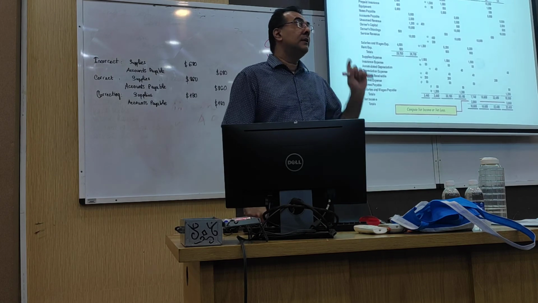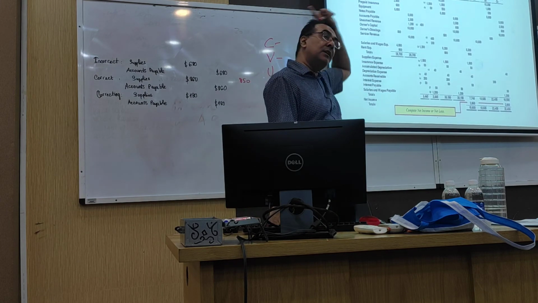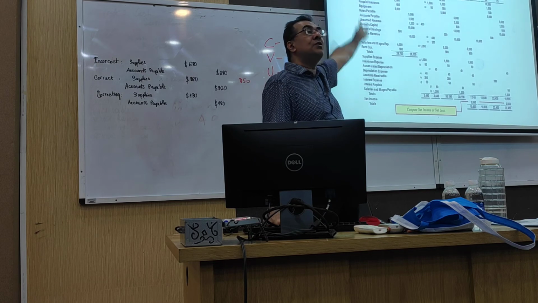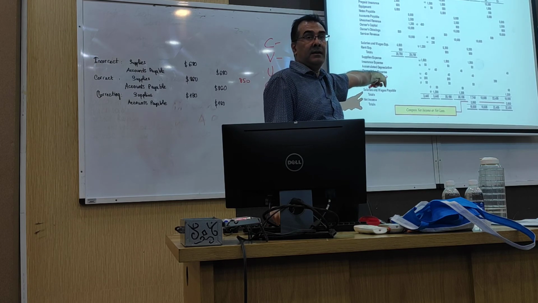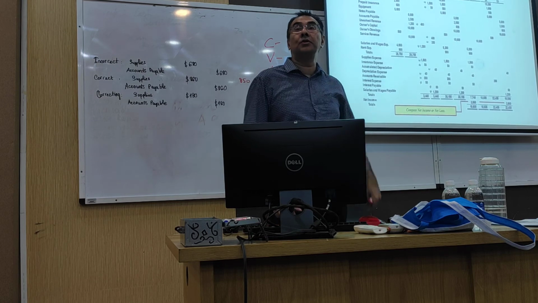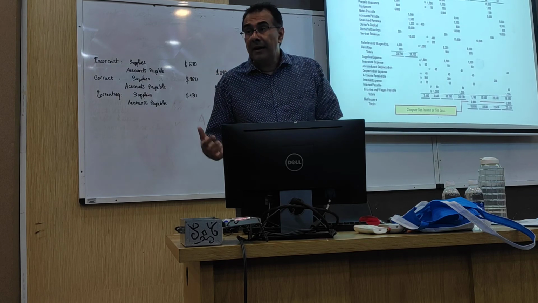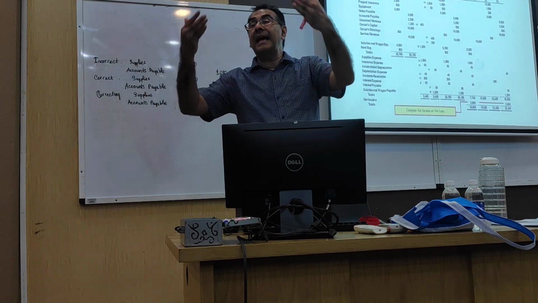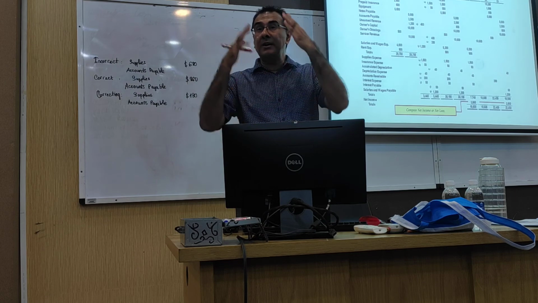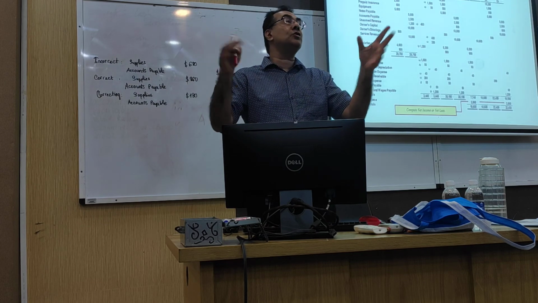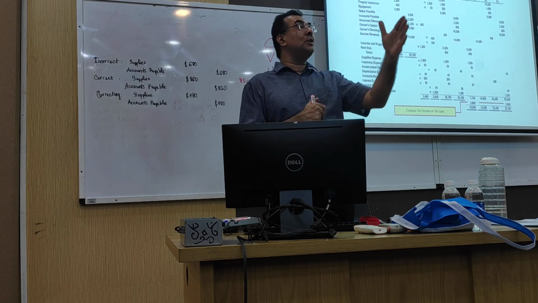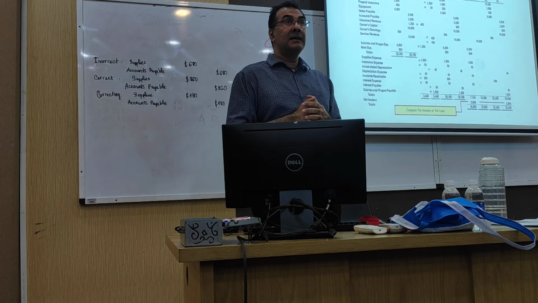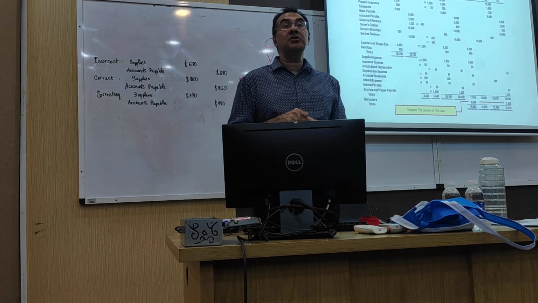You need to go back and review this, and you need to understand how to read the worksheet. If you don't understand the worksheet, you're not going to be able to prepare one in your test or exams. So please pay some attention to understand.